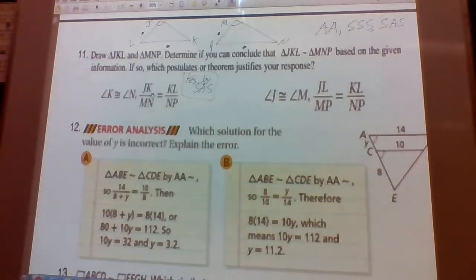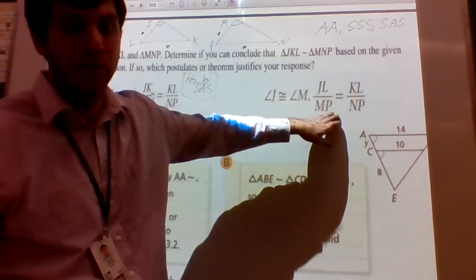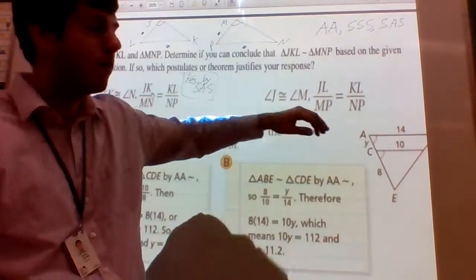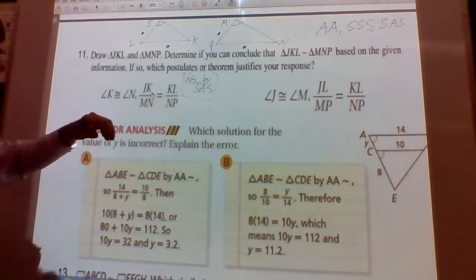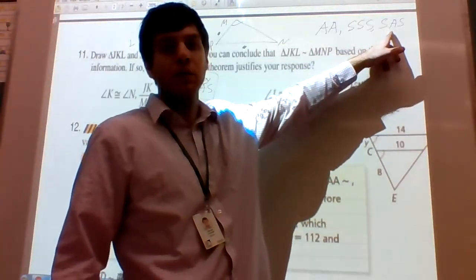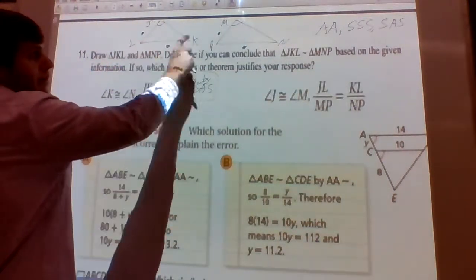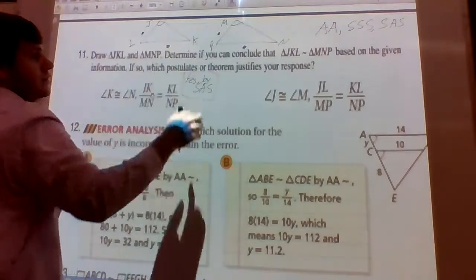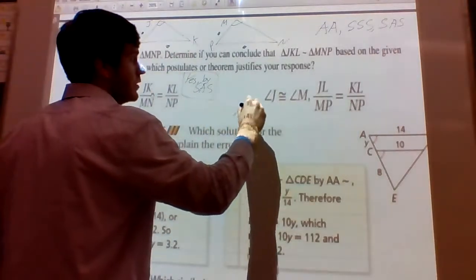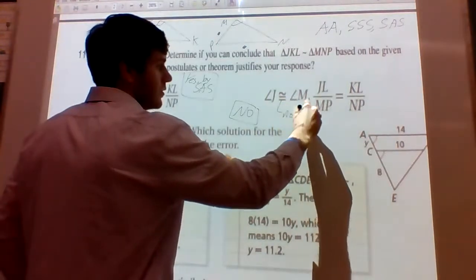So the issue here is we have two pairs of corresponding sides whose ratios are equal. Therefore, those two sides are proportional. But to have side-angle-side, the angle needs to be the included angle. It needs to be between the two sides. So that would have to be angle L and angle P. So the angle is not included, so the answer is going to be no. Not the included angle.